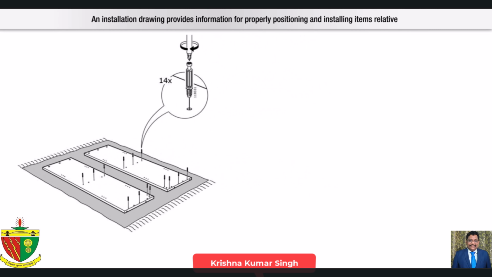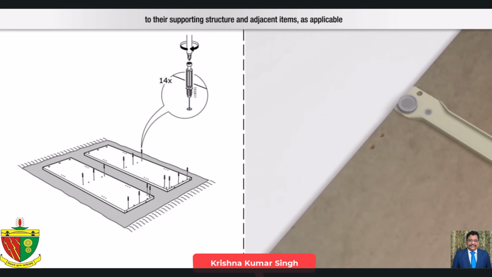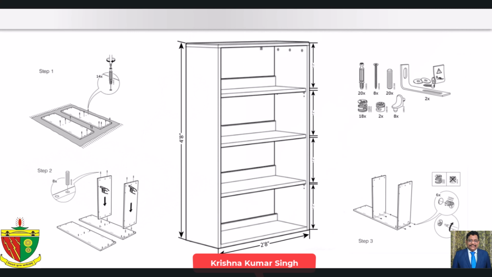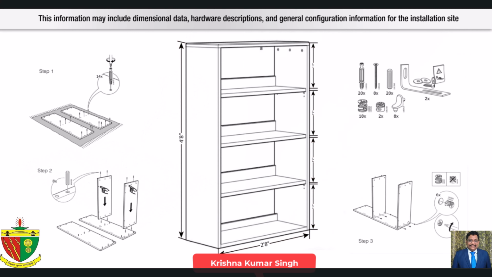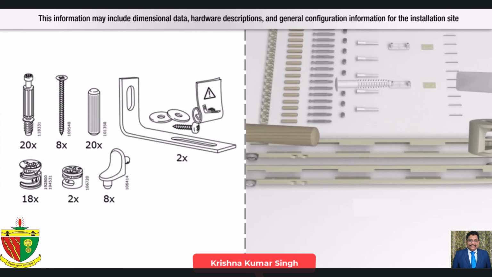An installation drawing provides information for properly positioning and installing items relative to their supporting structure and adjacent items as applicable. This information may include dimensional data, hardware descriptions, and general configuration information for the installation site.